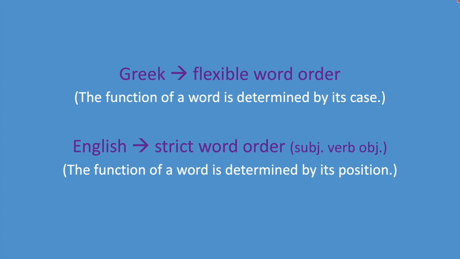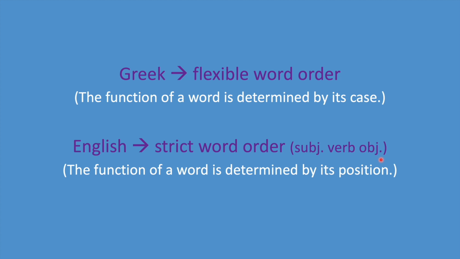Greek has a flexible word order, while English has a strict word order. In Greek, the function of a word is determined by its case, while in English, the function of a word is determined by its position. And the order is subject, verb, object. If we change that order, the meaning changes too.